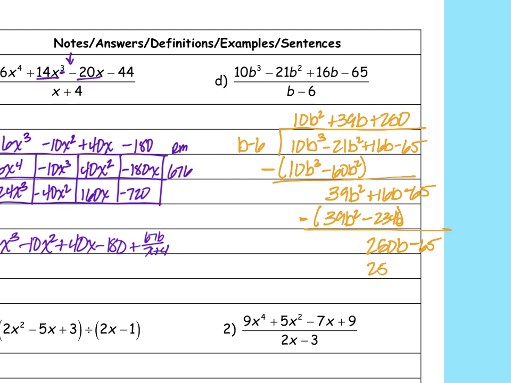So it's 250b times 6 minus 1500. Minus a minus 65, 1435. So plus 1435 divided by b minus 6. That one gave me a headache.